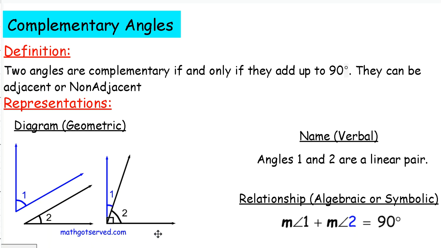They share a side in common. A relationship to keep in mind between complementary angles is that they add up to 90 degrees as illustrated in this equation right here. Measure of angle 1 plus measure of angle 2 is equal to 90 degrees.